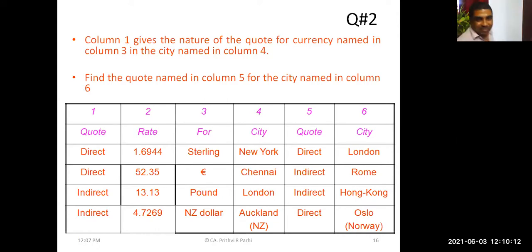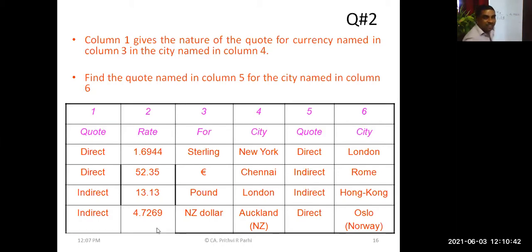Now, what is given to you? Indirect quote for Norwegian currency in New Zealand. Indirect quote for New Zealand means foreign by home. So New Zealand's foreign currency, Norway's currency, divided by New Zealand dollar. This is how much? 4.7269.